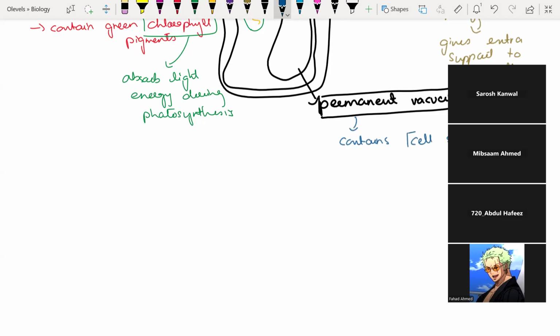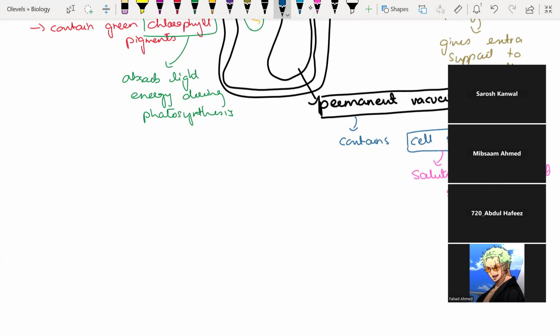Now what is cell sap? It is a solution of dissolved sugars and ions, right?